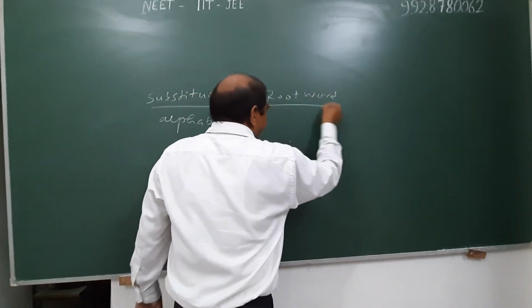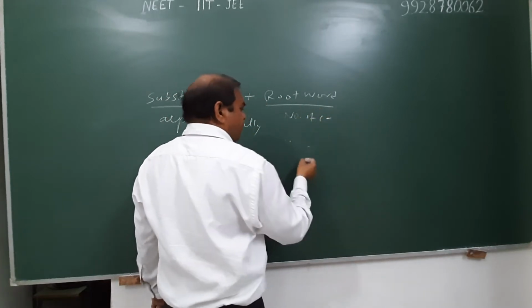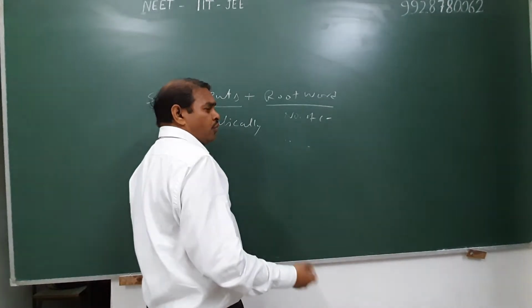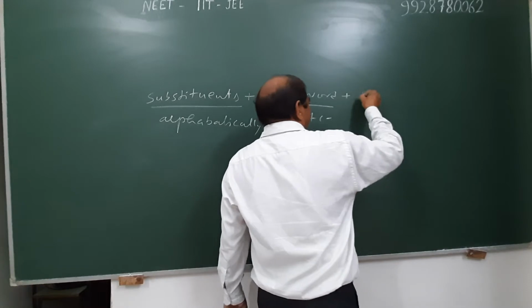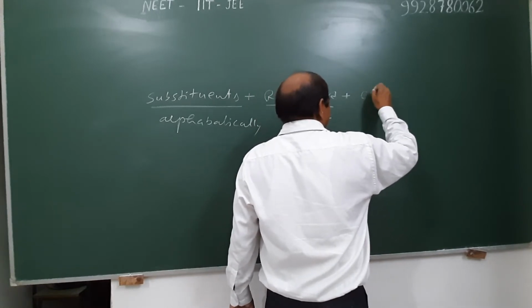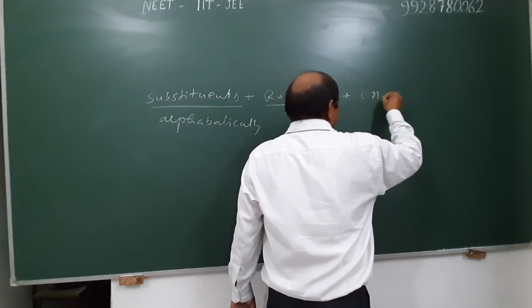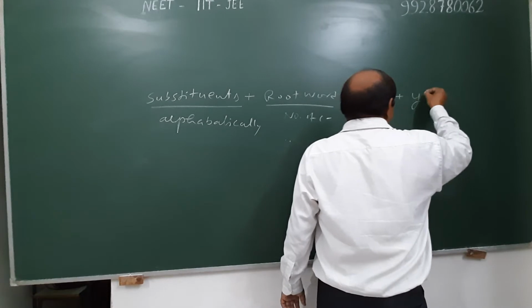Root word means the number of carbon atoms in the principal chain, for example eth, but, etc. And then we indicate the position of ene, and its suffix is ene. And finally, we write the position of yne.